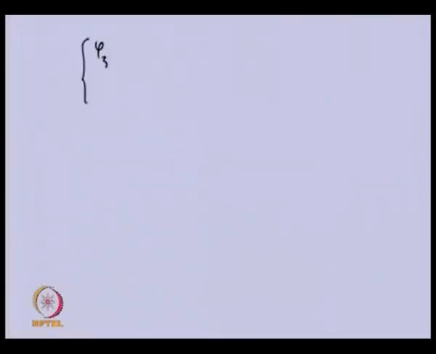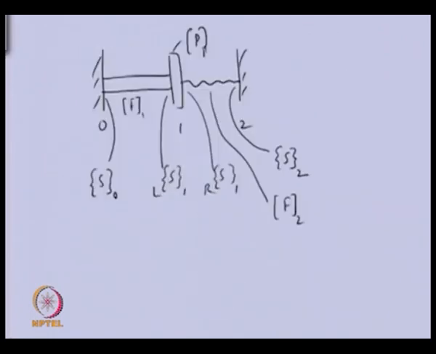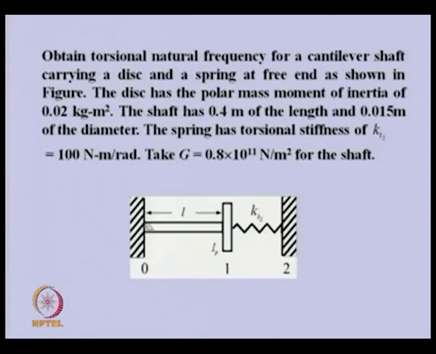For that, we have the state vector at station 2 equal to the matrix T11, T12, T21, T22 times the state vector at station 0.